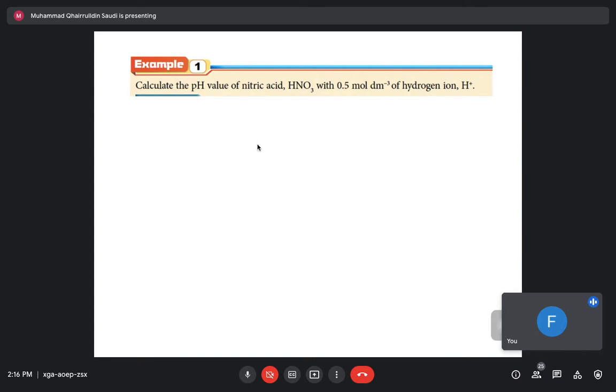Okay, so now the question asks you to calculate the pH value of nitric acid with 0.5 mole per dm cube of hydrogen ions. Okay, so kita tahu cara nak kira pH adalah negative log and concentration of hydrogen ions. So apa yang kita perlu letak hanyalah negative log and write down the concentration of hydrogen ion.